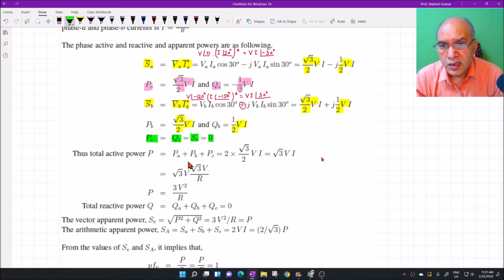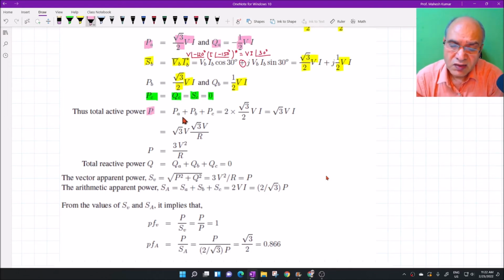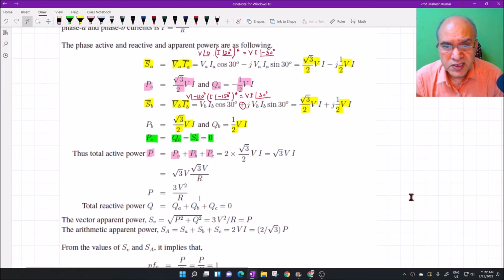Now if we find the total active power, it is given by capital P, which is the sum of PA plus PB plus PC. If you see the previous expressions, you can find that PA equals PB, and QA equals minus QB.